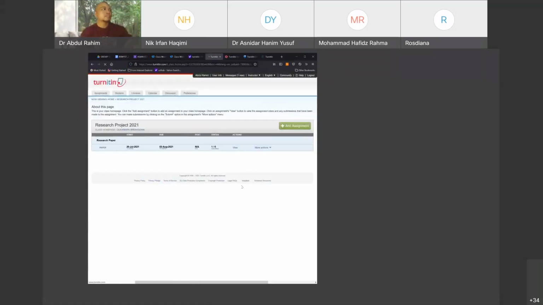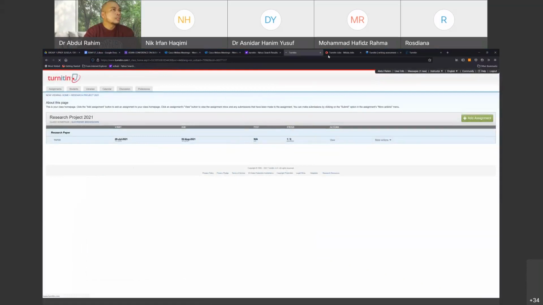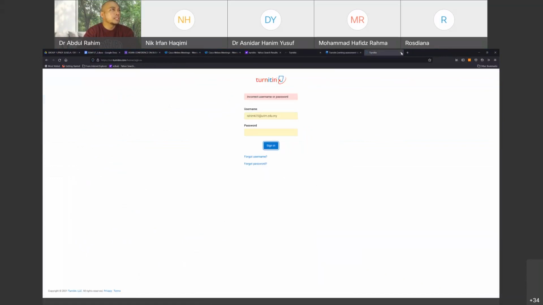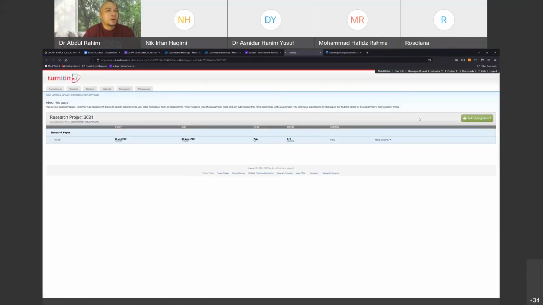Dia macam hang patutnya dia keluar tau. Bila kita add assignment dia keluar box. Tunggu sekejap kot. Unexpected thing always happen bila kita tengah deliver apa semua, benda-benda macam ni berlaku. Tapi bila kita tak buat apa-apa, kita buat kerja kita sendiri, tak ada pula masalah macam ni.